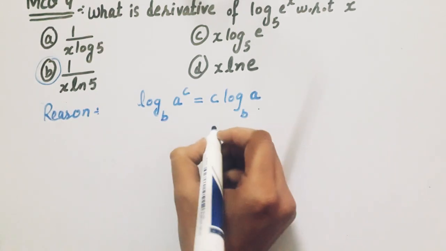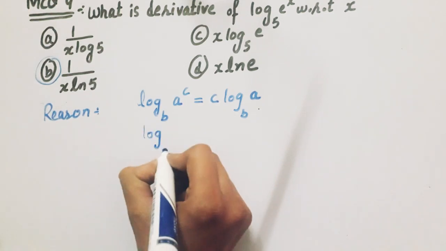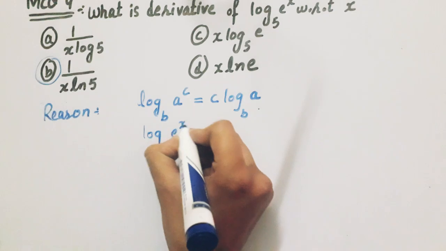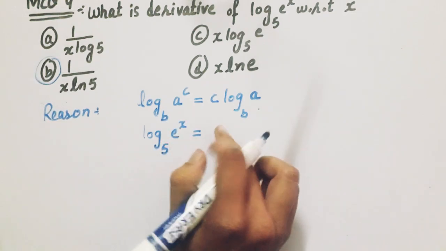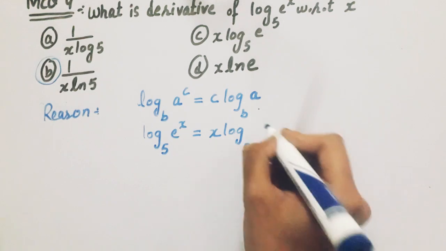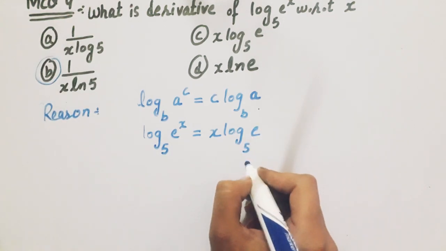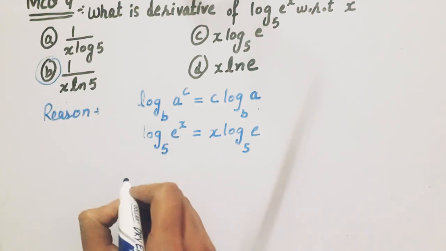So we are given log base 5 of e raised to power x. So x will be written in the start. So x times log base 5 of e. Now we will apply the change of base formula on this.